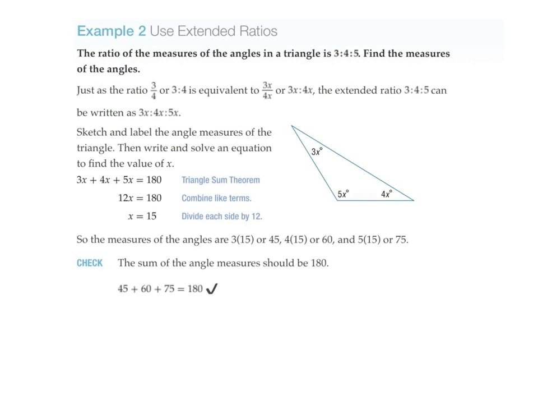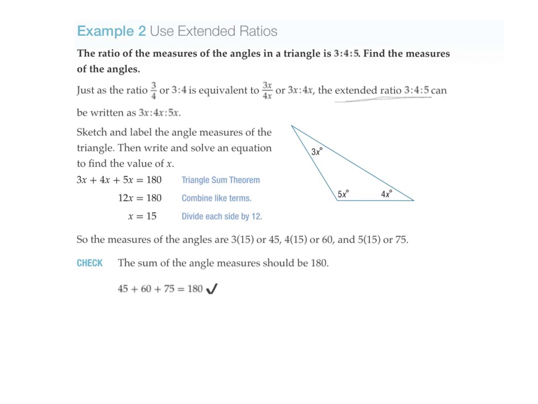Okay, another one of your vocabulary words: extended ratio. As in most of the questions that you've had so far this year, your algebra comes into play, and if you have a look at the triangle, instead of 3, 4 and 5, you've got 3x, 4x and 5x. And that's the ratio.